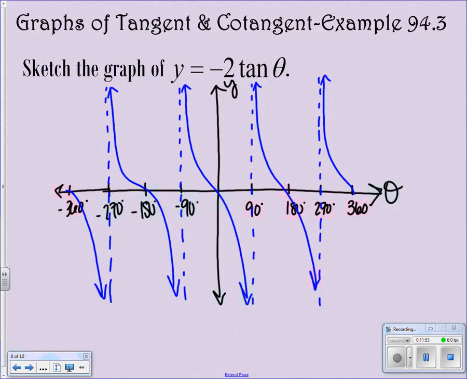Okay, and then the -2, that 2 is your amplitude. So all that means is that instead of that being a -1 and a 1, it's now a -2 and a 2. And so that's basically the sketch of the graph of y equals -2 tangent of theta.